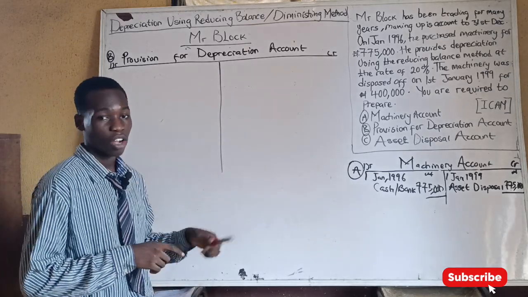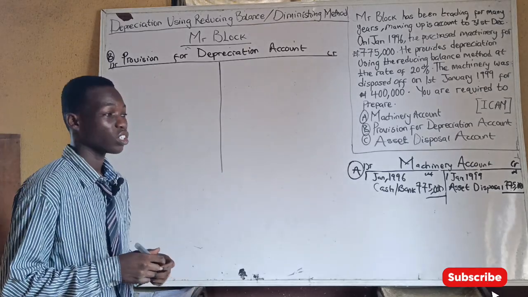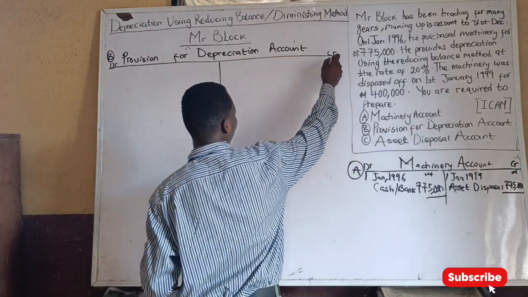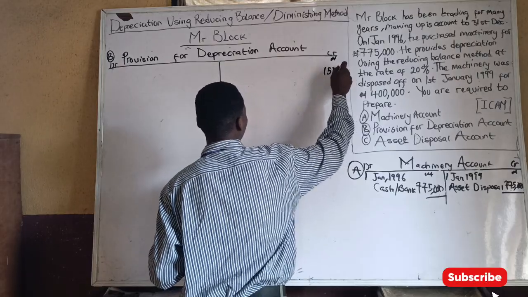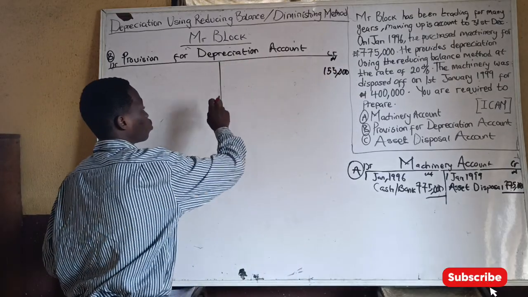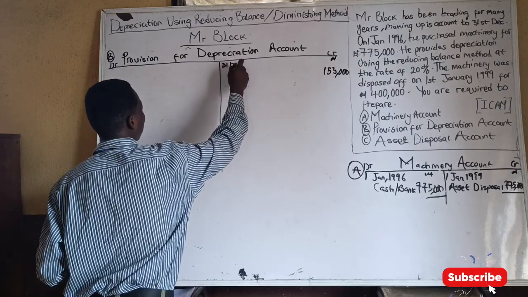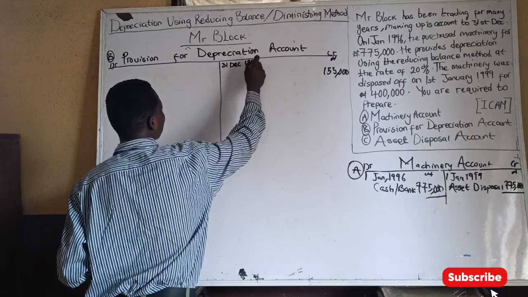So don't forget, when we are calculating it, the depreciation charge for 31st December 1996, I still remember, is 155,000 naira. But don't start like that. You are going to start with the date, 31st December 1996.